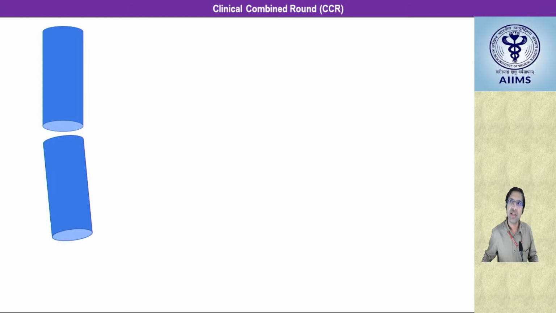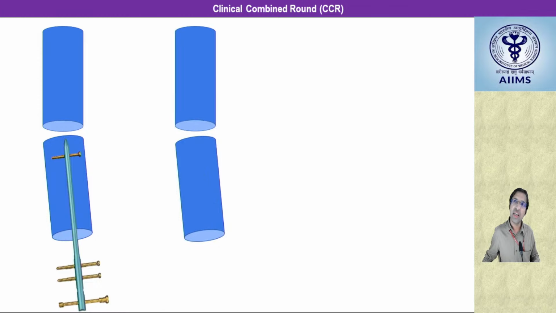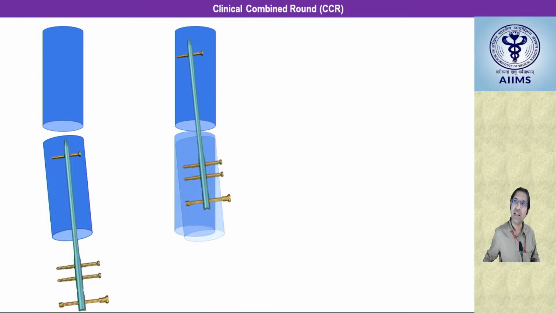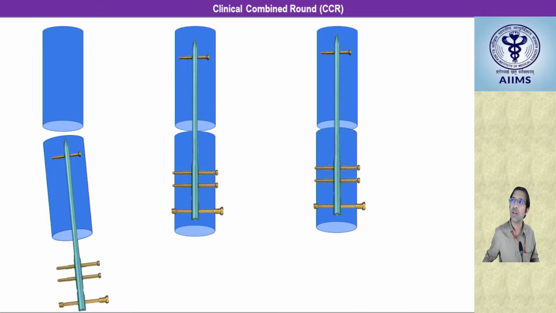Another challenge that we found in our case was achieving and maintaining a stable reduction. With an intramedullary nail, as long as the two ends of the fracture are cylindrical in shape, the nail which passes into the medullary canal, which is the hollow of the bone, leads to reduction by the passage of the nail itself, and a snug fit of the nail helps in achieving a stable reduction.